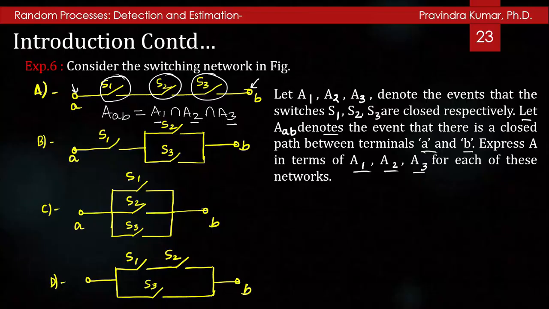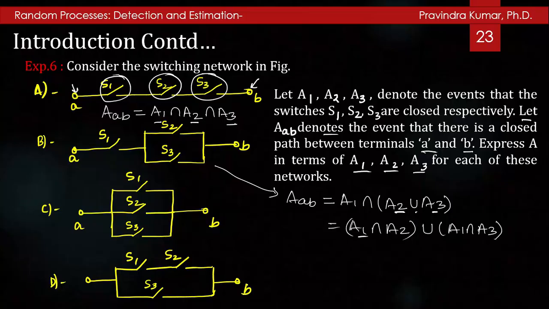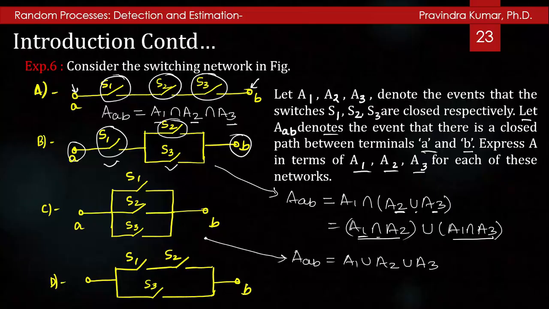Similarly for part B, AB will be A1 intersection (A2 union A3), and from the distributive law you can write it as (A1 intersection A2) union (A1 intersection A3). This means S1 and S2 should be closed, or S1 and S3 should be closed, to make a closed path between A and B. And for part C, AB will be A1 union A2 union A3.